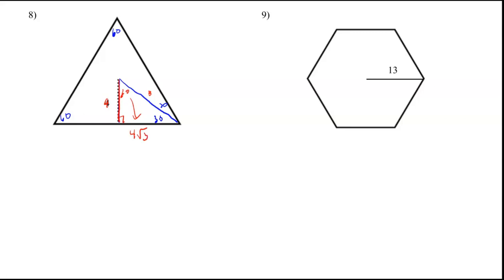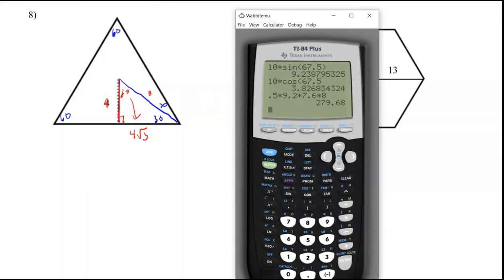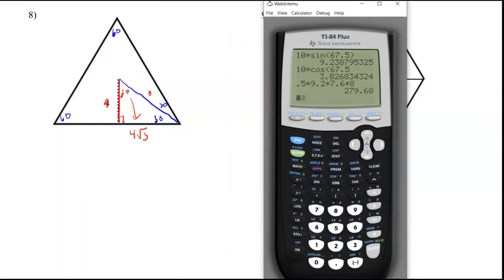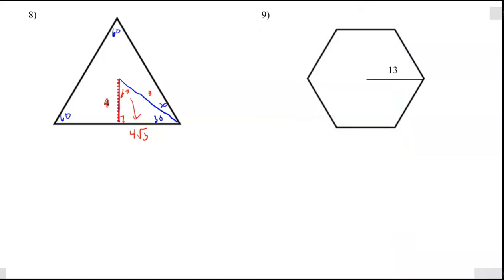So let's get the decimal for the 4 radical 3. 4 times radical 3, boom, 6.9. But then I've got to double it because 6.9 is just this piece. So when I double it, I get 13.8. So each side on here is 13.8.